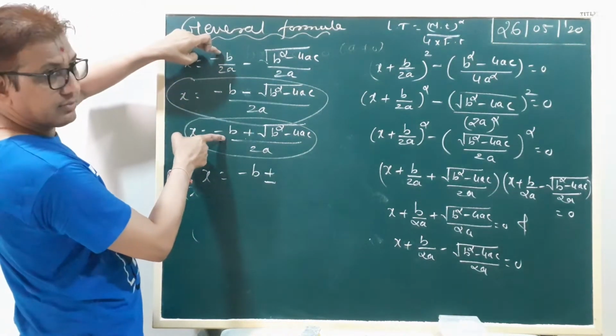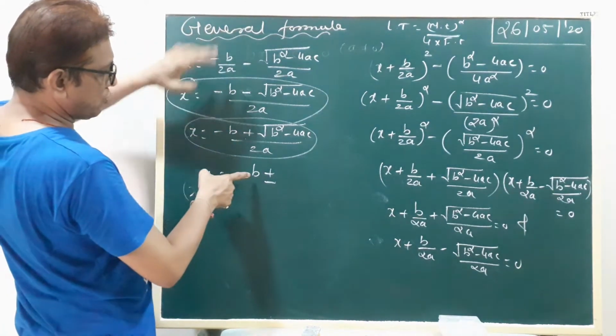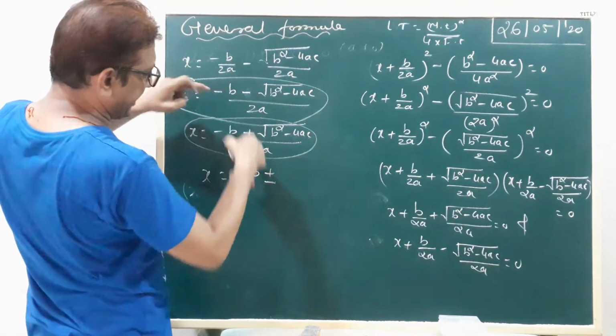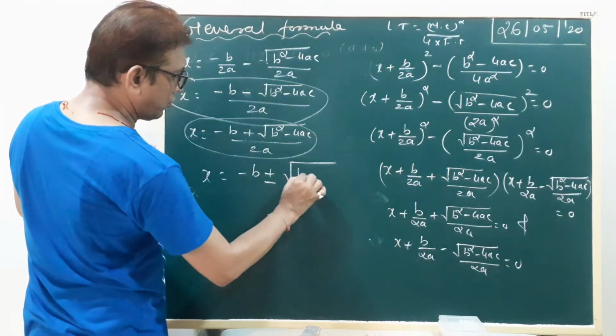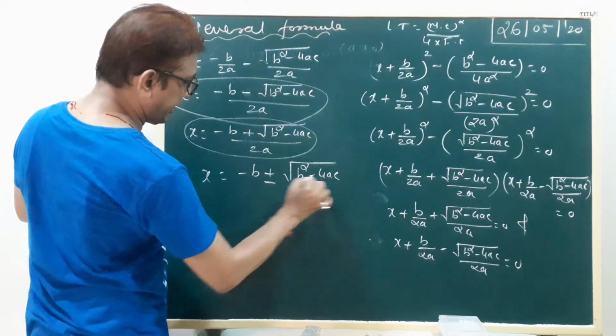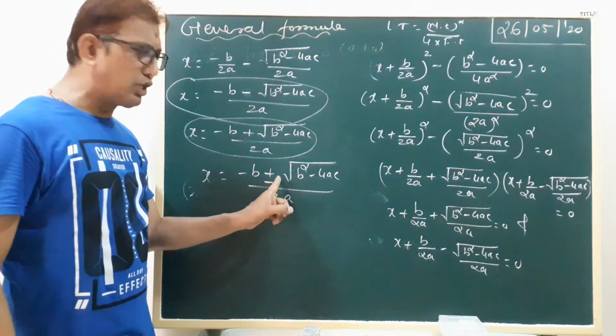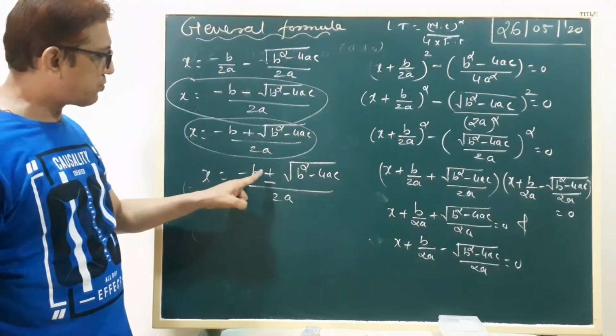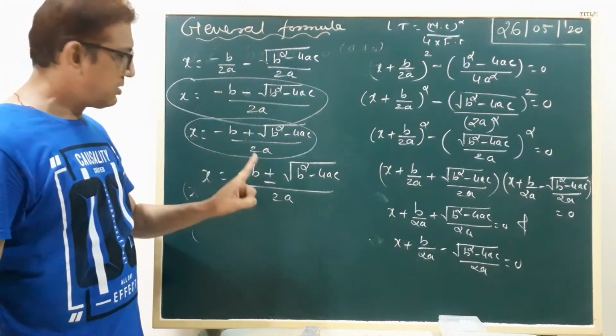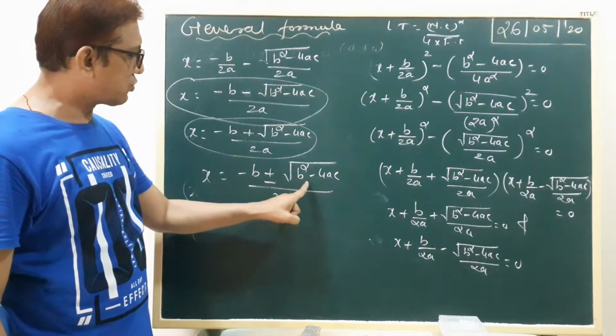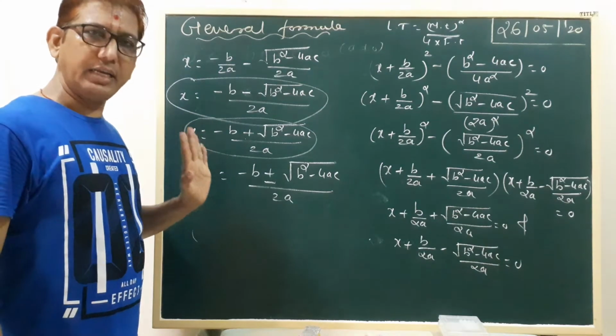Minus b is common. So x equals minus b plus minus root b square minus 4ac upon 2a. Clear? If we write two different values, the first value is minus b plus root upon 2a, the second is minus b minus root upon 2a. Clear?